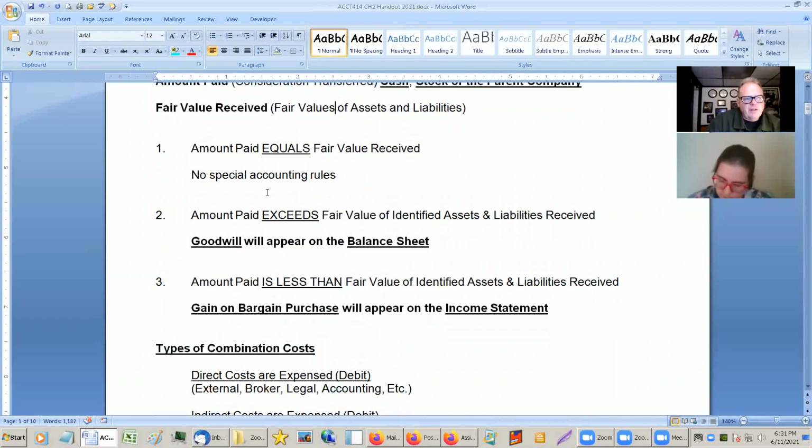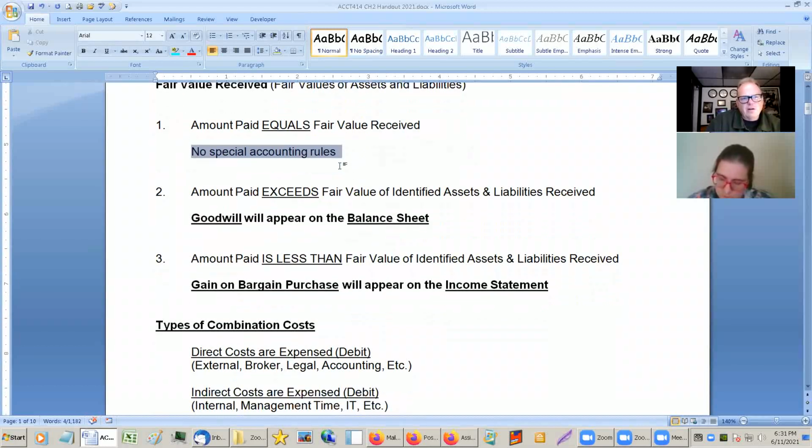So fair value received. Amount paid equals the fair value. There are no special rules. So you buy, the assets are exactly what you paid for them, the identified assets.